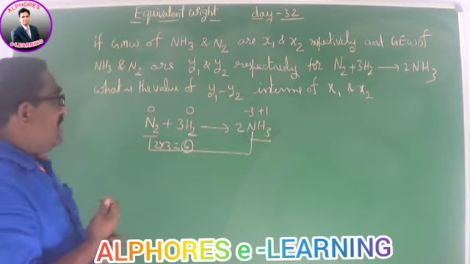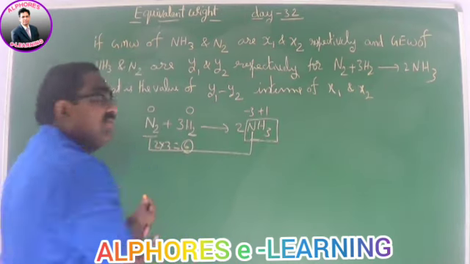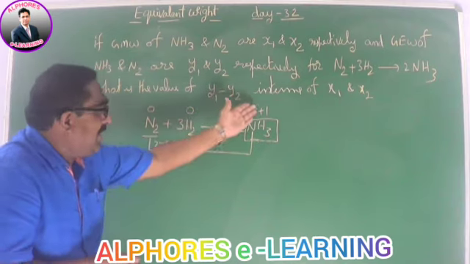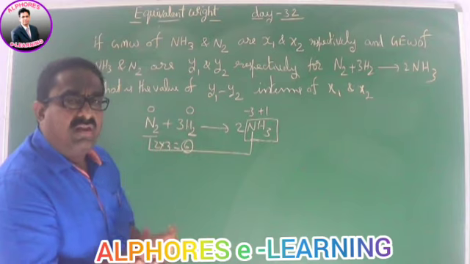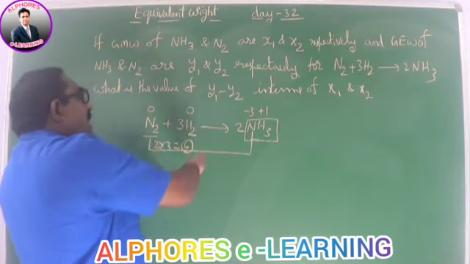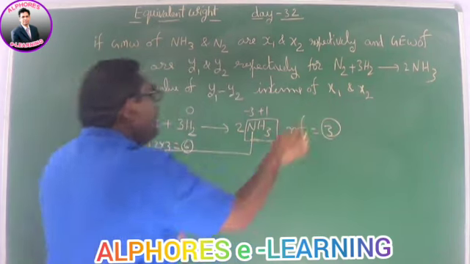Next, we need the N factor for ammonia. There it is already very clearly noted here. For nitrogen minus 3, for 3 hydrogens plus 3. So with either one you can take the N factor of ammonia as 3 itself.